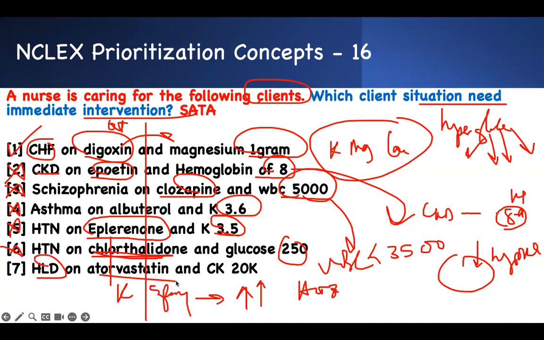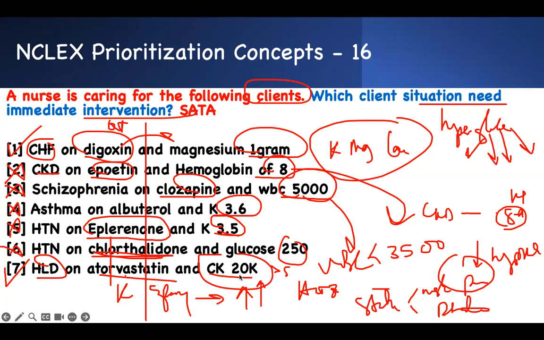Hyperlipidemia on atorvastatin and CK of 20,000. When you are on a statin, there are 2 things you should worry about. Myopathy, that means muscle pain, and rhabdomyolysis. CK, creatine kinase, greater than 5,000 or 10,000 and above, that's rhabdomyolysis. So this patient is in trouble.